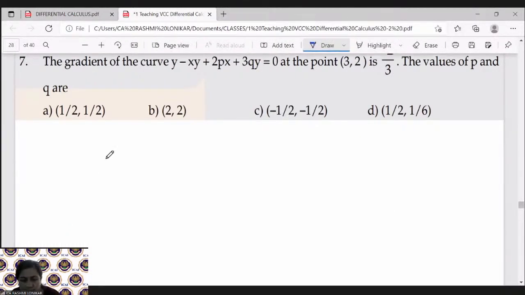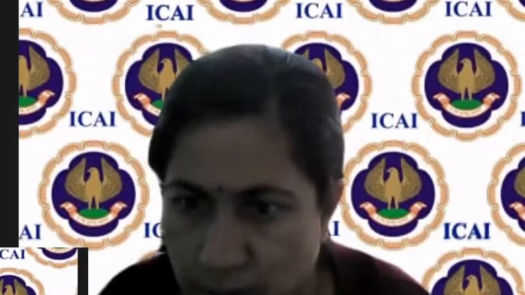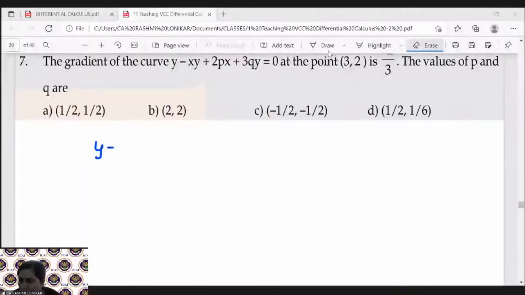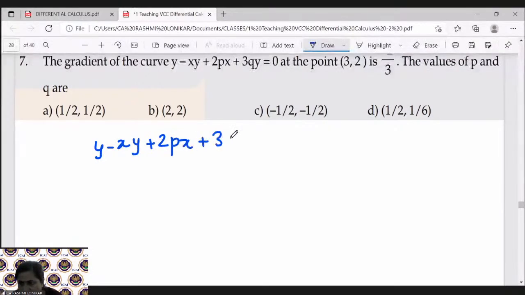So y minus xy plus 2px plus 3qy is equal to 0.